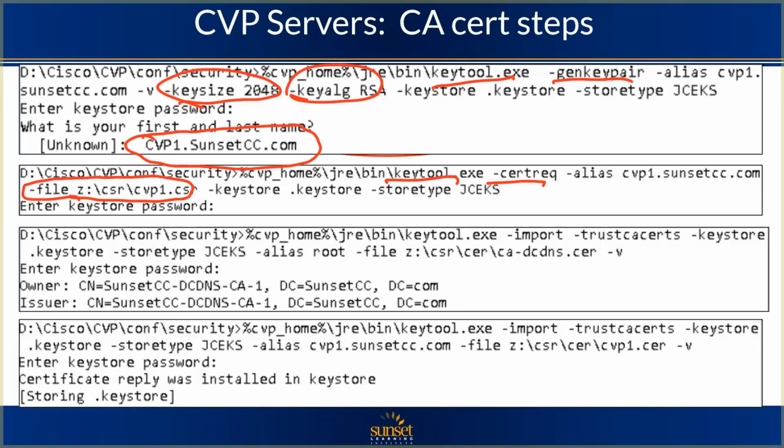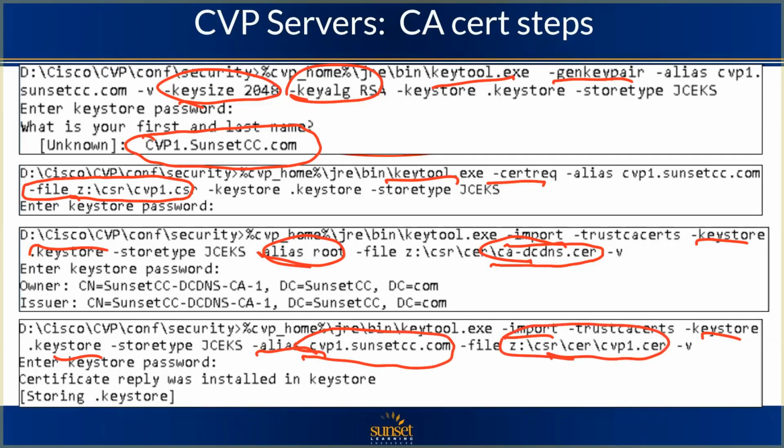We download that file, we send that off to the CA server, get that thing signed, and don't forget, as we discussed with the other first two items, we now have to turn around and import to our keystore the alias of root, which is really our CA certificate. Do that first, plus then we have to also do an import to the same keystore, our other alias of our FQDN, and that's actually our locally signed certificate signed by the CA.